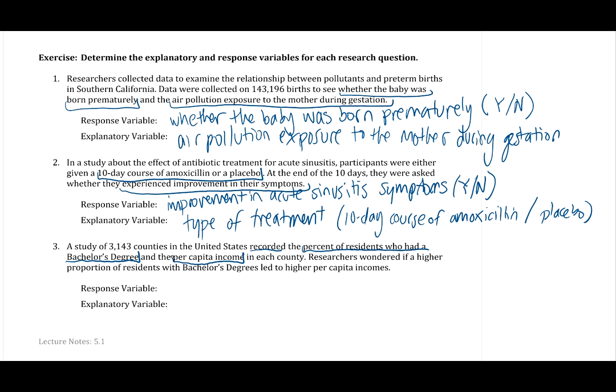So which one's our explanatory variable and which one's our response variable? Our last sentence helps us see that. They wondered if a higher proportion of residents with a bachelor's degree led to higher per capita incomes. So they're viewing per capita income as a response variable.